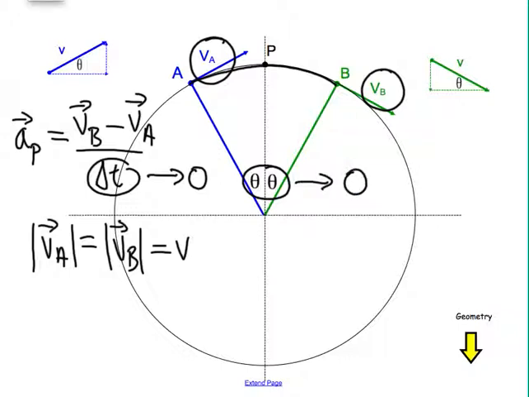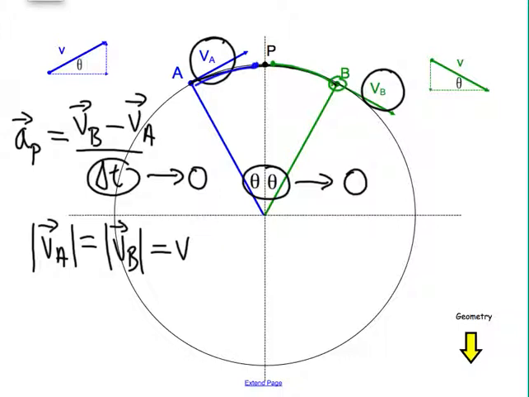So in my limit, point A goes to right before point P, and point B goes to right after. That will be my limit as delta t goes to 0.